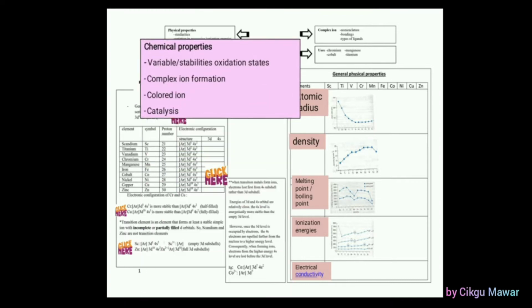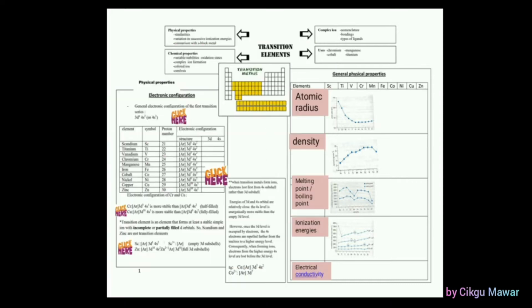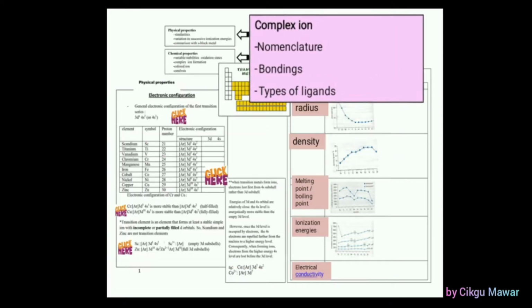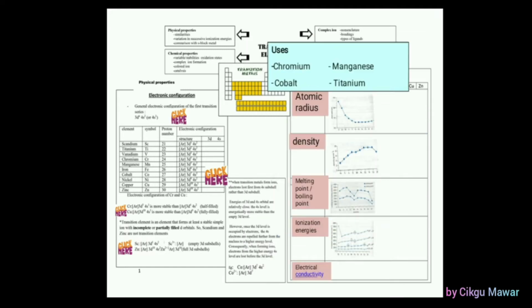The second one is chemical properties: variable oxidation states, complex ion formation, colored ion, and catalysis. The third one is complex ion: nomenclature, bondings, type of ligand. The last one is uses.